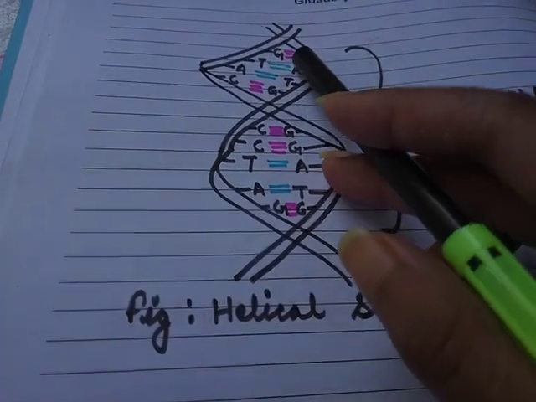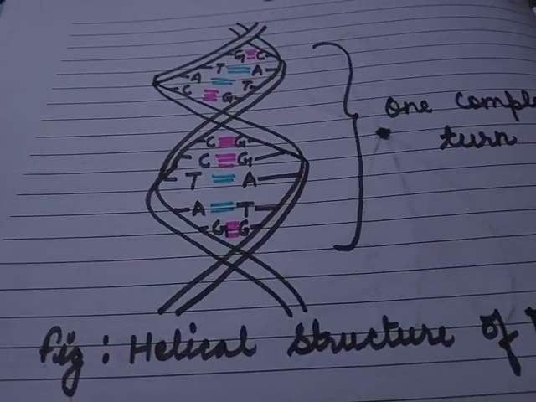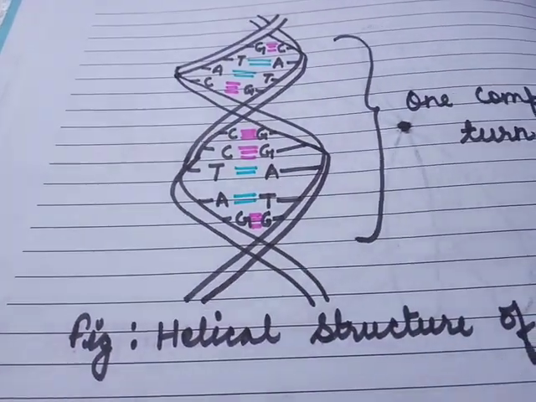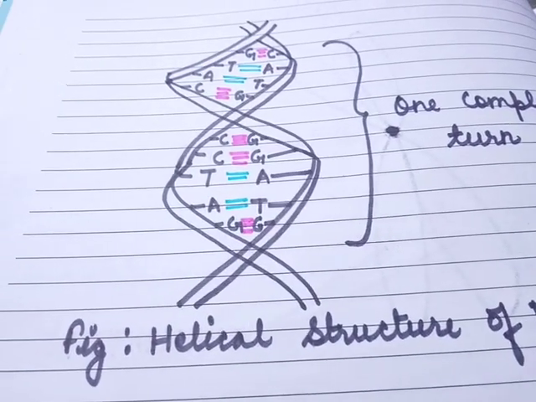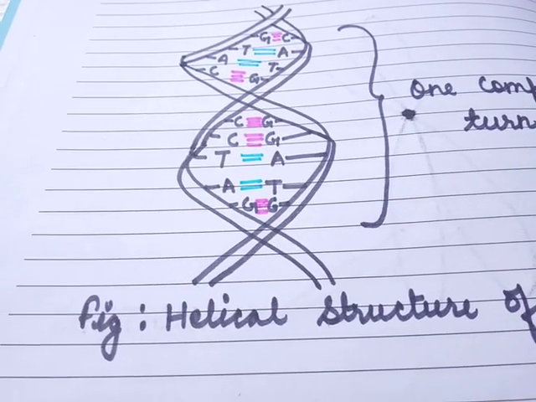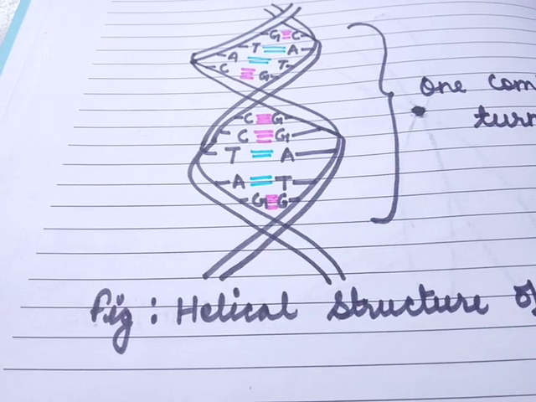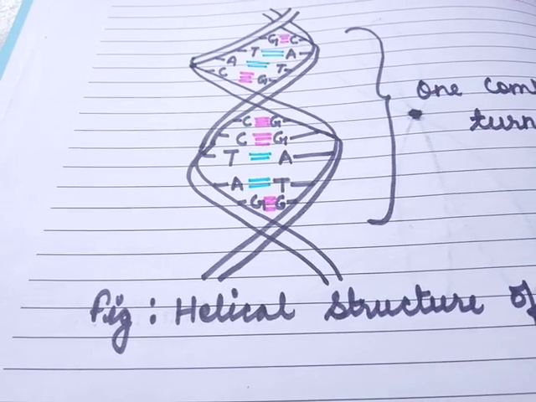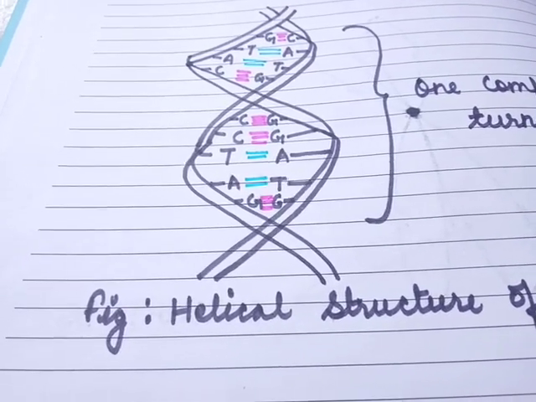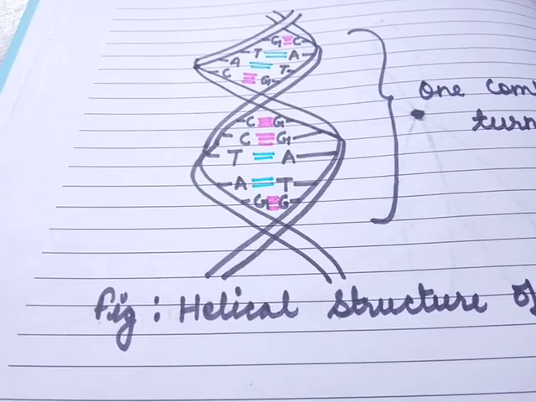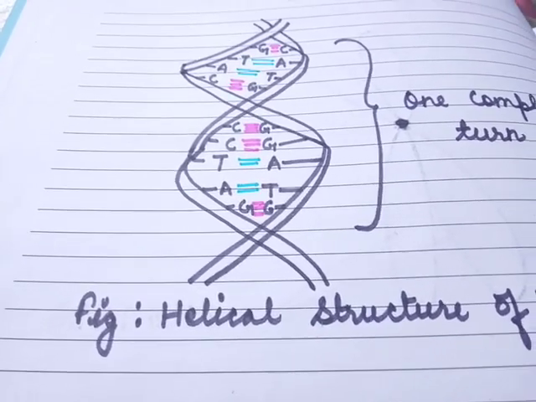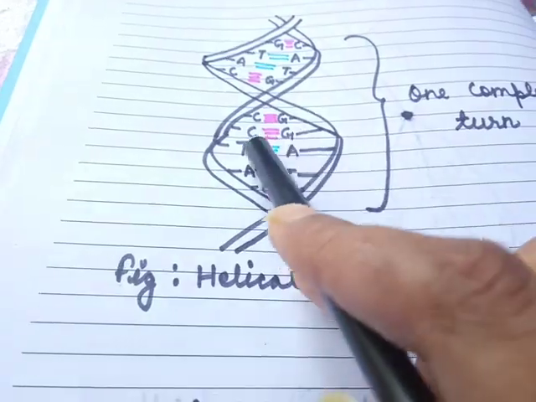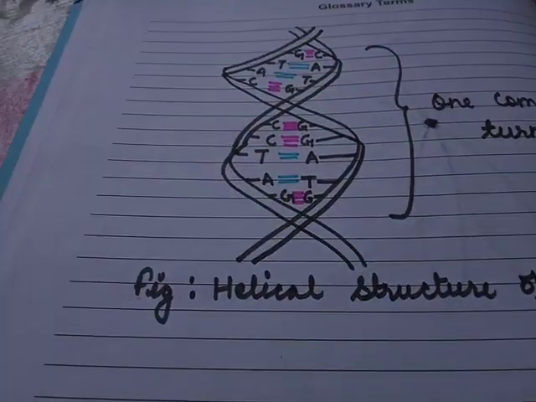C stands for cytosine, G stands for guanine, A stands for adenine, and T stands for thymine, which are known as the nitrogenous bases. They are bound with each other with hydrogen bonds.